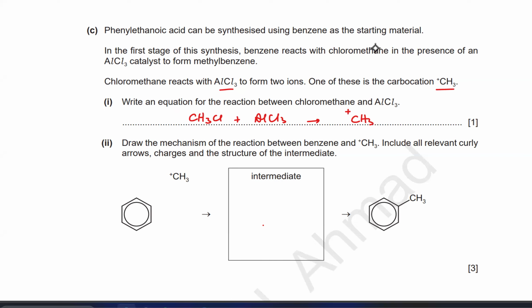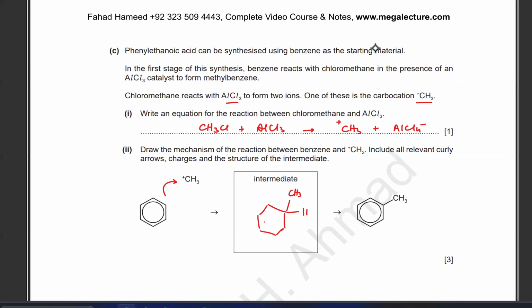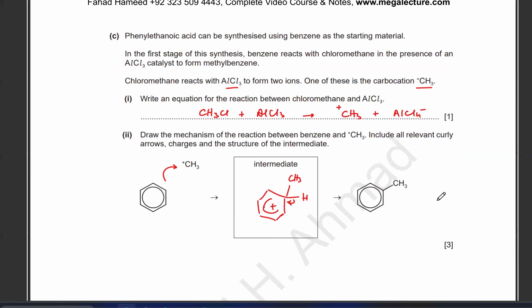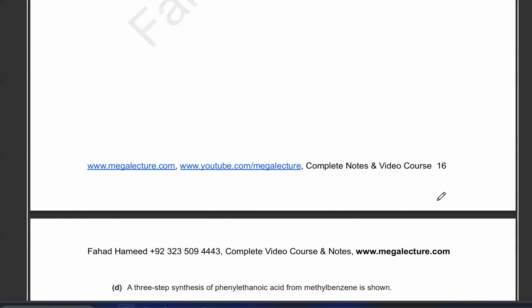And the other thing is obviously AlCl4-, right? And the whole mechanism will be exactly the same. So the CH3 bonds and the H bonds. And the H then gives the electron back. So that was alkylation.